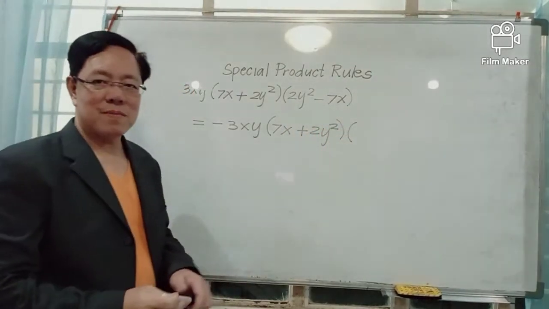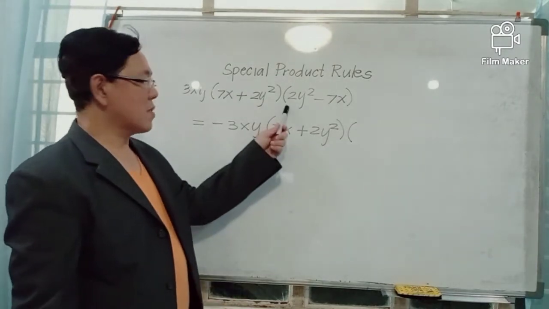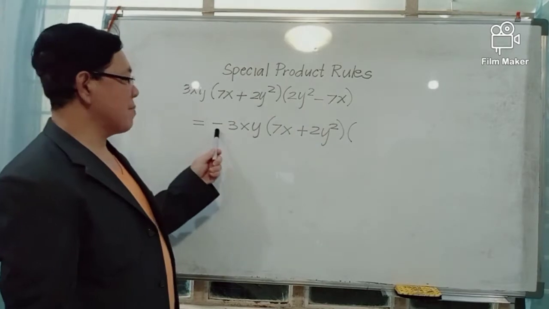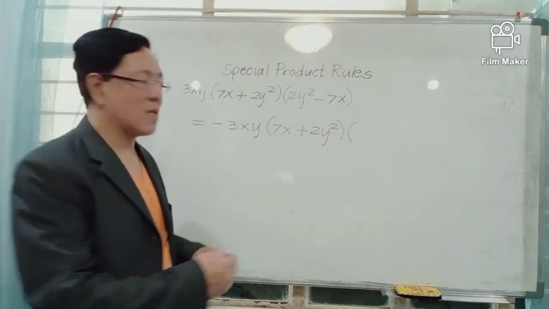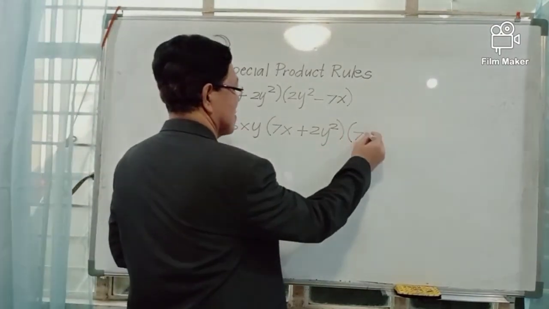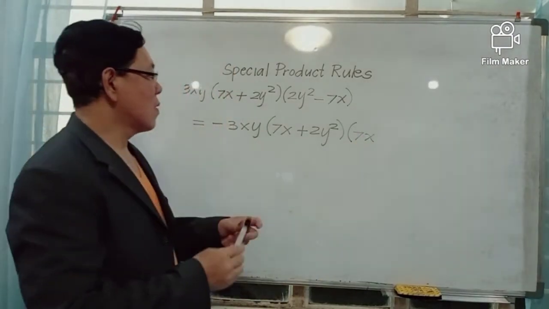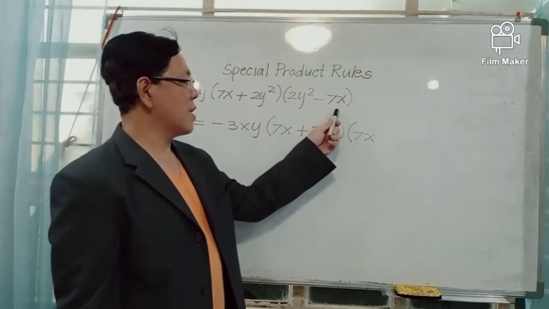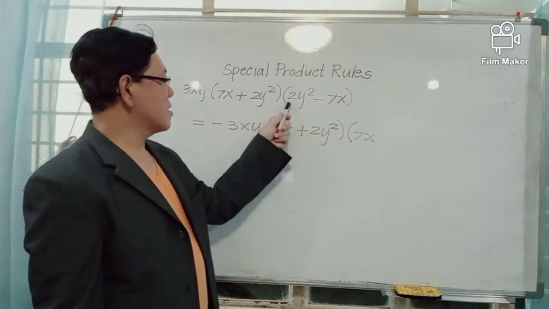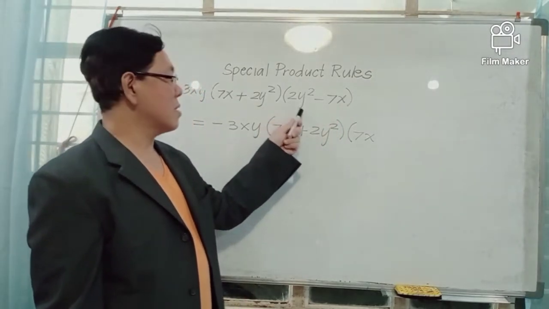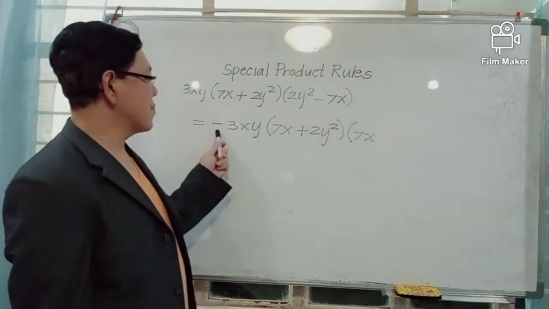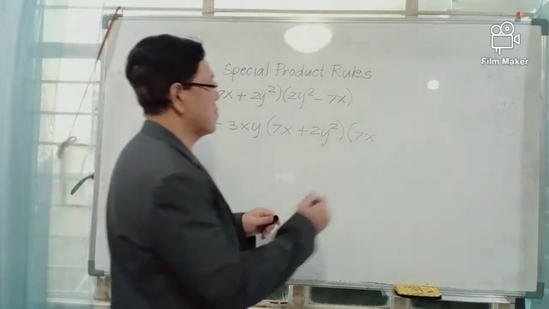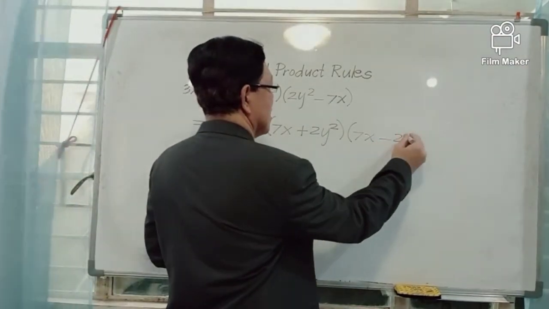Multiplied by, now we factor out negative 1. Negative 7x divided by negative is positive 7x. Divide positive 2y squared by negative, and we get negative 2y squared.